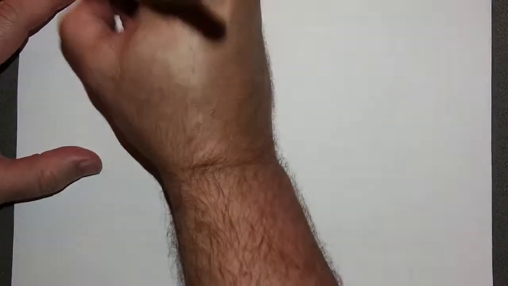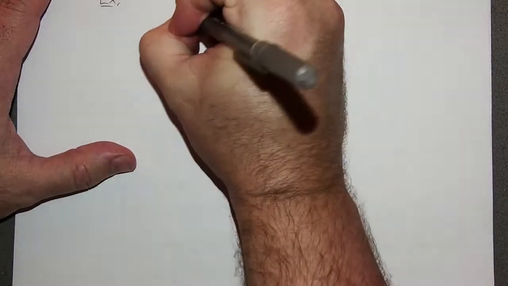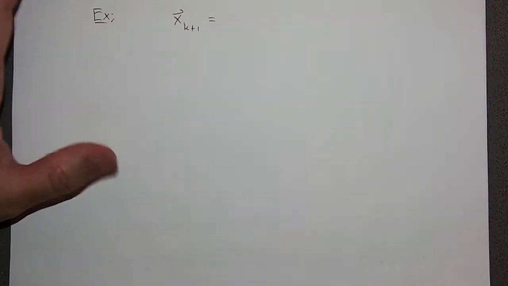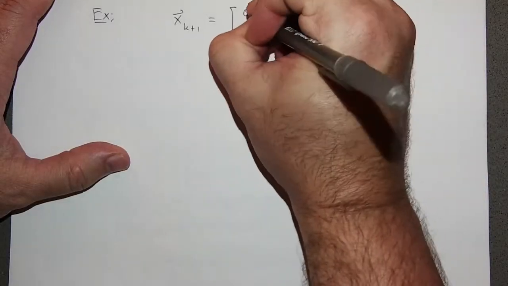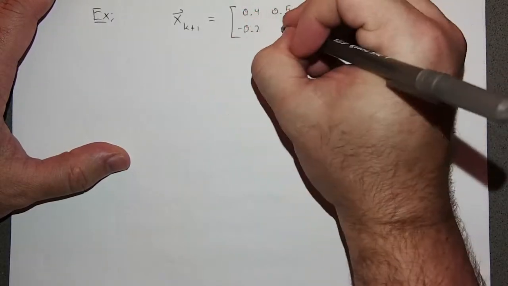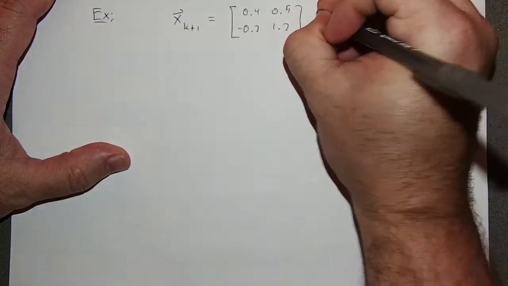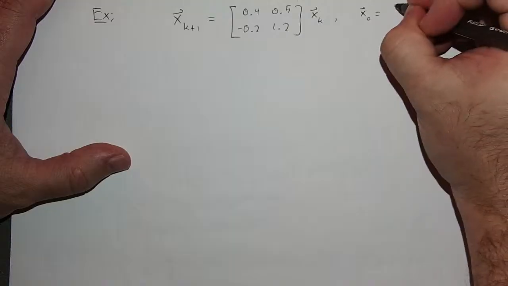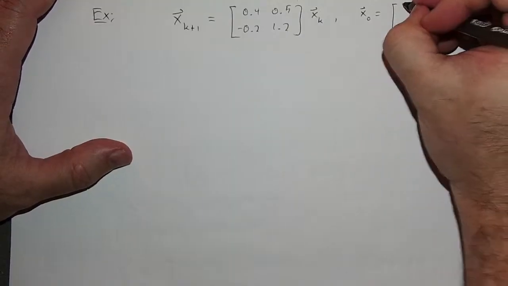So let's go back to our example. The example that we looked at was x sub k plus 1 equals the matrix 0.4, 0.5, minus 0.2, 1.2 times x sub k, with an initial vector x naught of 500 and 250.